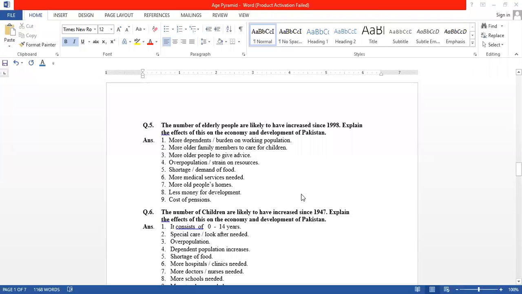On the other side, the number of elderly people is likely to have increased since 1998, because the death rate is controlled in our country. The death rate is controlled due to advancement in medicines, as well as the availability of doctors, hospitals, and clinics, and we have a good transport system that quickly transports patients from home to the hospital.